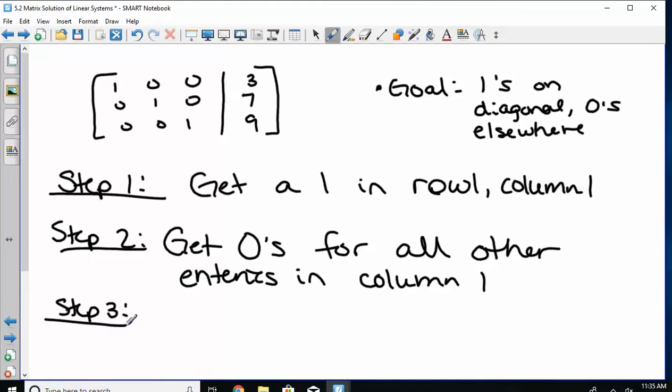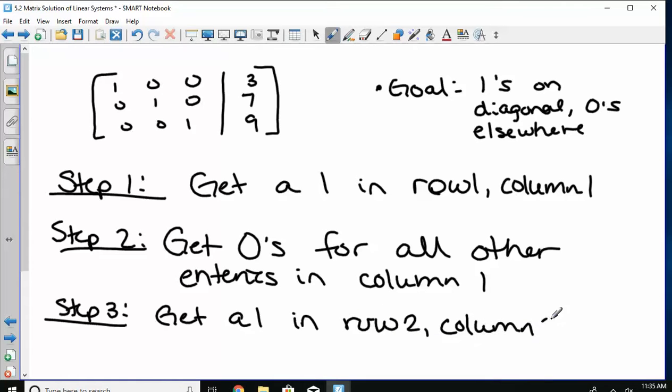Then we move on. So then you need a 1 in row 2, column 2. And then you get zeros for the rest of column 2.